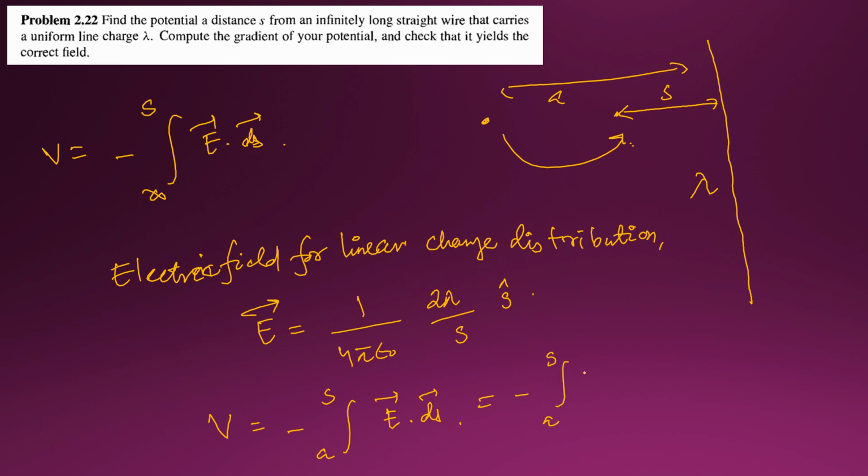What is E? 1 by 4 pi epsilon naught, 2 lambda by s, s cap dot ds s cap. Now what will I do? 2 lambda by 4 pi epsilon naught comes out, minus is there, integral a to s ds by s.